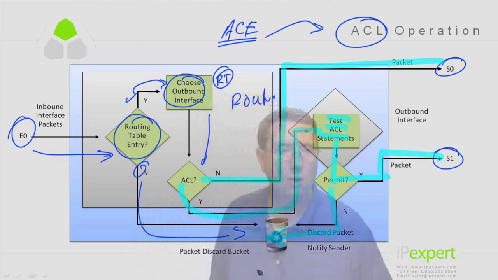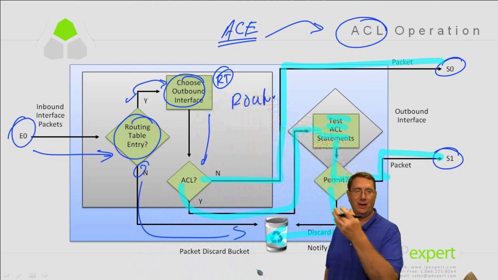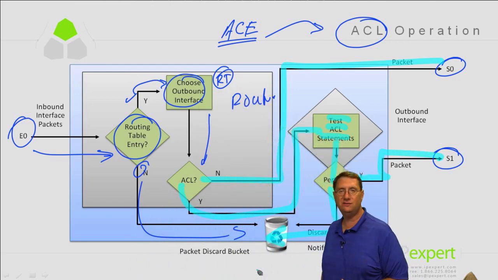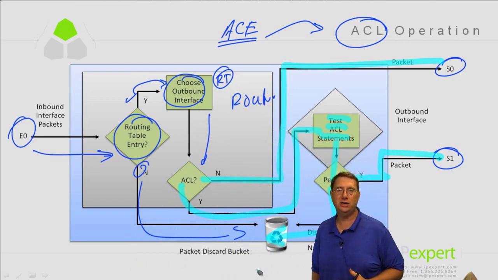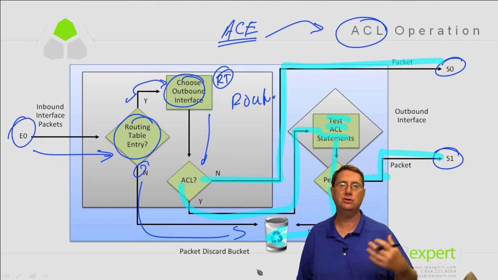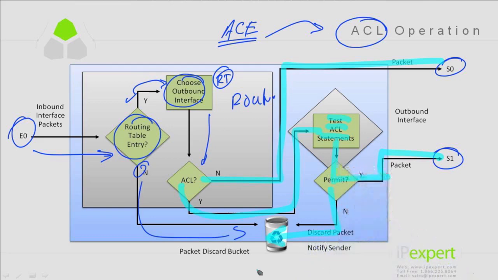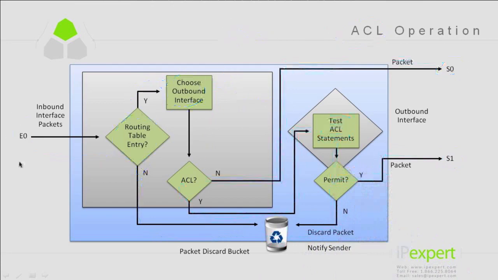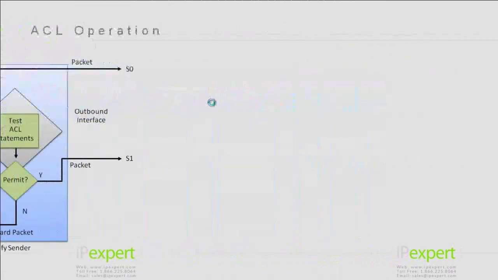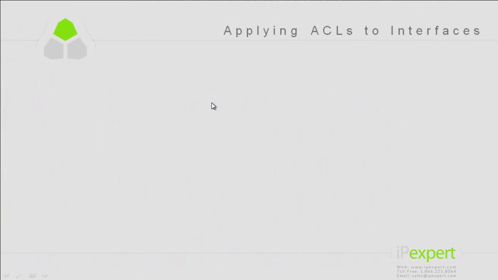So as you can see, on a case-by-case basis, based on the inbound or outbound configuration of the access list, we're making a determination whether the traffic is going to be forwarded or black-holed or dropped. So again, pretty straightforward with regard to how access lists operate in the confines of CCNA. Now, how do we apply them?